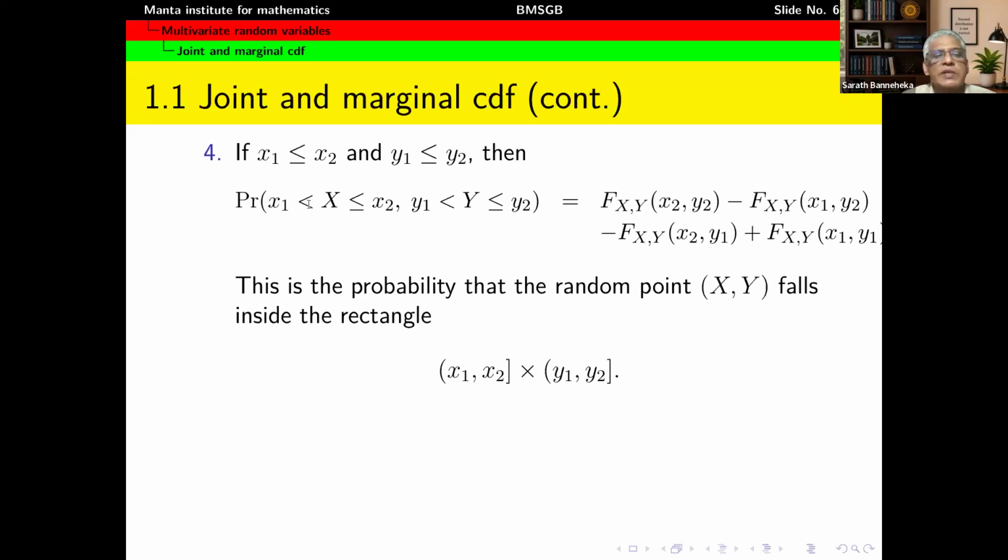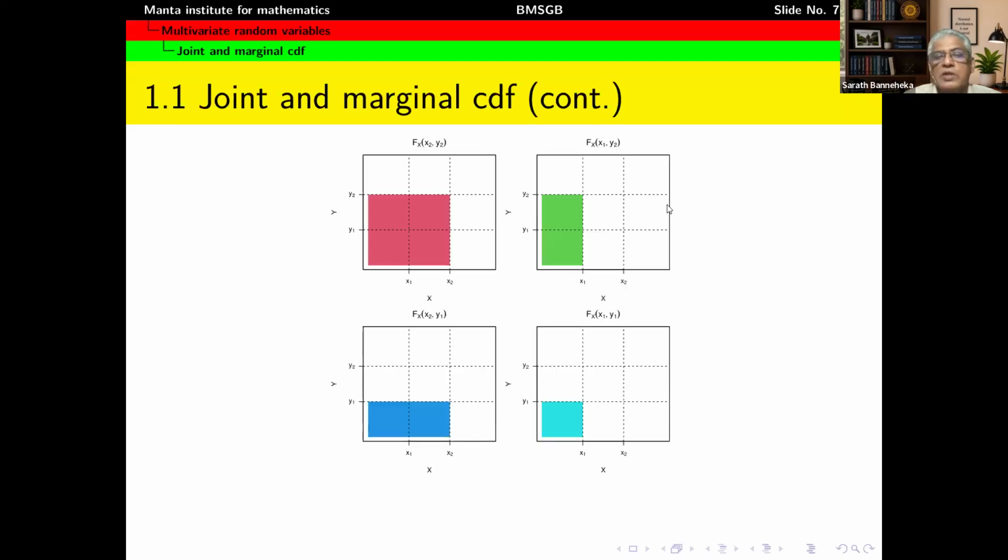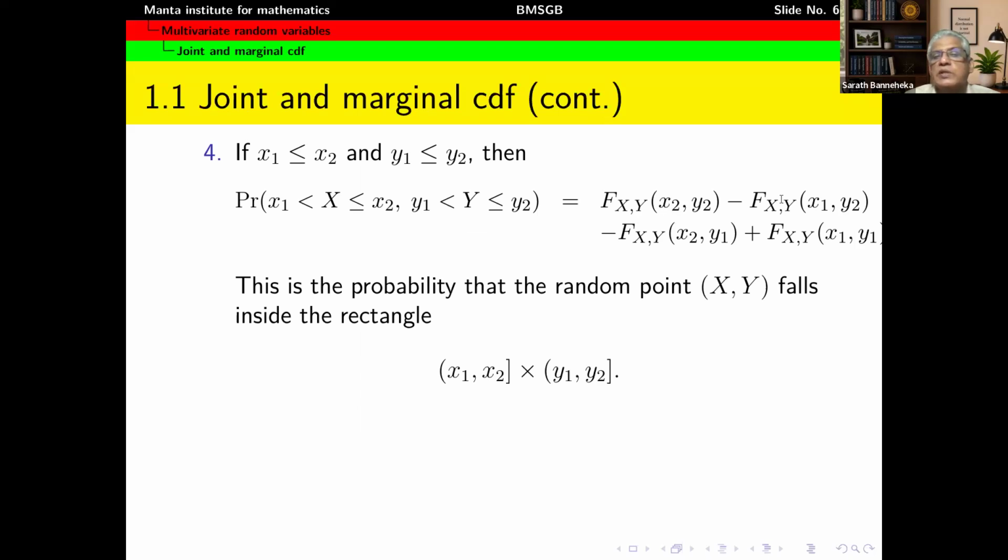So what it says is that the probability that X is in this particular interval, X less than or equal to x2 but greater than x1, and Y less than or equal to y2 but greater than y1, will be given by this expression: the joint cumulative distribution function at x2, y2, minus the joint cumulative distribution function at x1, y2, minus the joint cumulative distribution function at x2, y1, plus the joint cumulative distribution function at x1, y1. This is very easy to understand if you look at this picture.